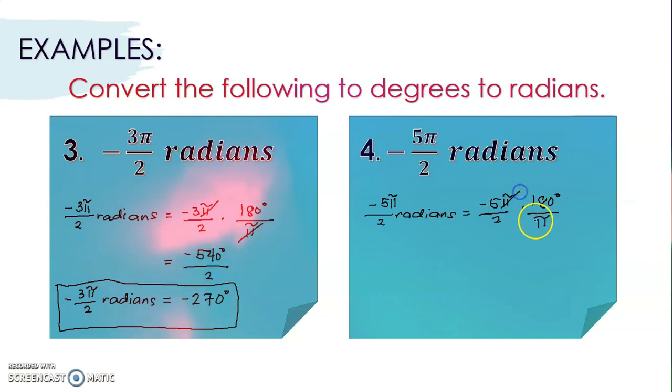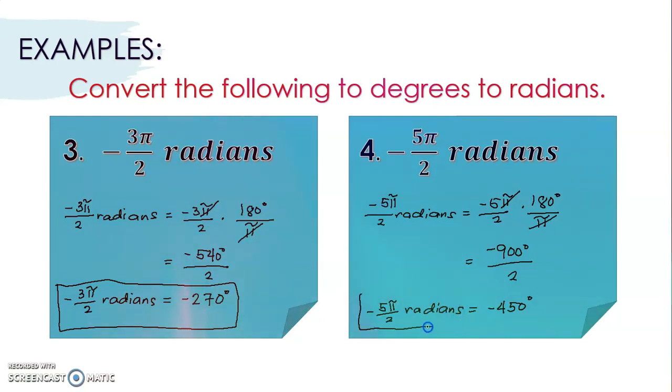And you will cancel out the pi there, and you are going to multiply negative 5 times 180 degrees. That will be negative 900 degrees over 2, and negative 900 degrees over 2 is equal to negative 450 degrees. Meaning, negative 5 pi over 2 radians is equal to negative 450 degrees. And that would be the last example that we're going to have in this topic.